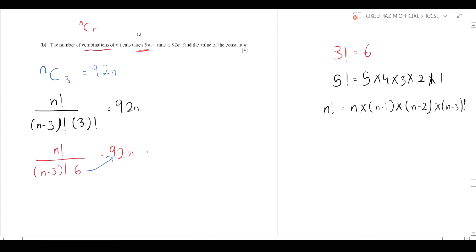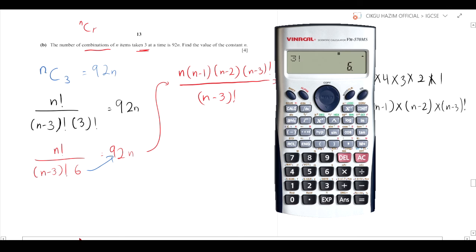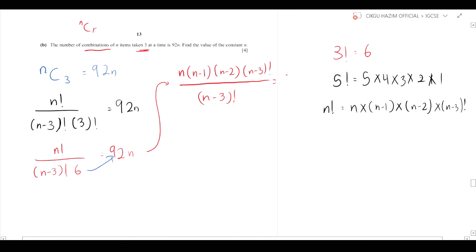So here, I'll continue over here. It would be n multiplied by n minus 1 multiplied by n minus 2 multiplied by n minus 3 factorial, divided by n minus 3 factorial, equal to 92 multiplied by 6. 92 multiplied by 6 is equal to 552, so 552n.